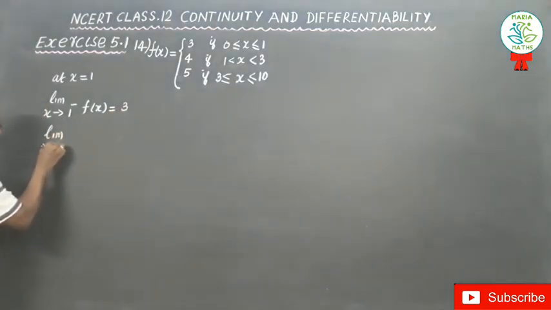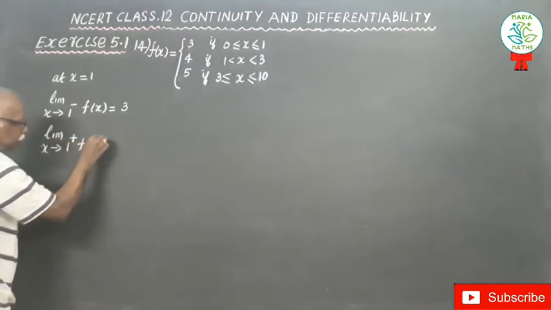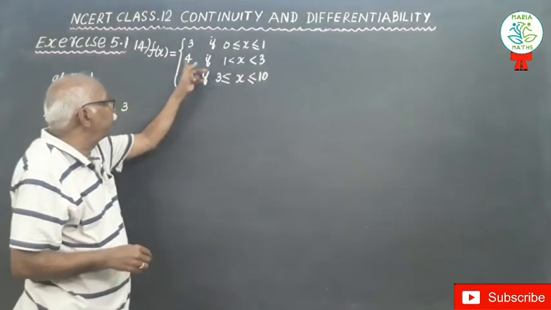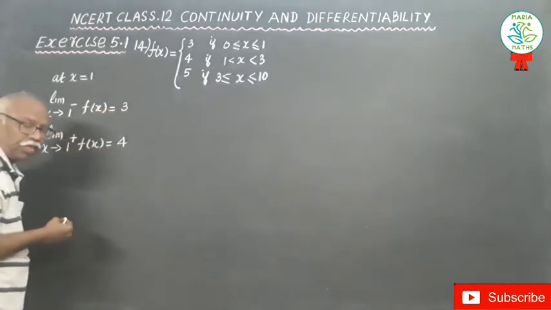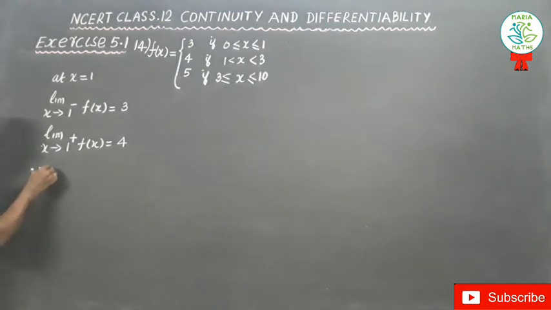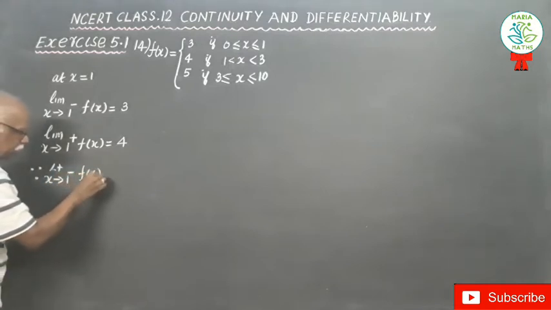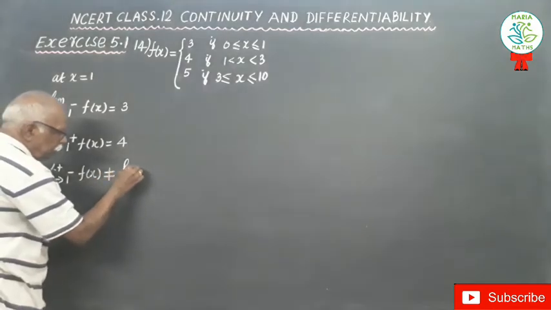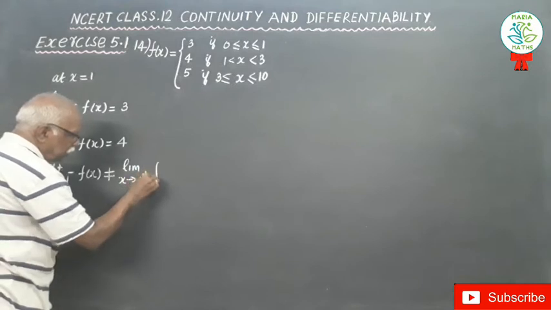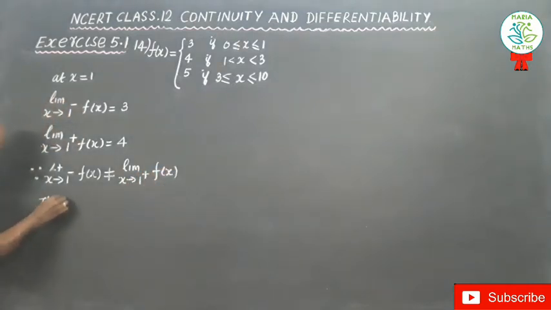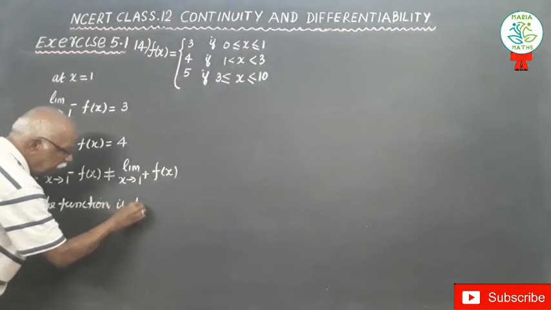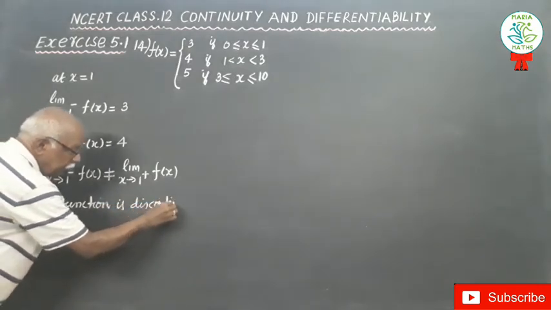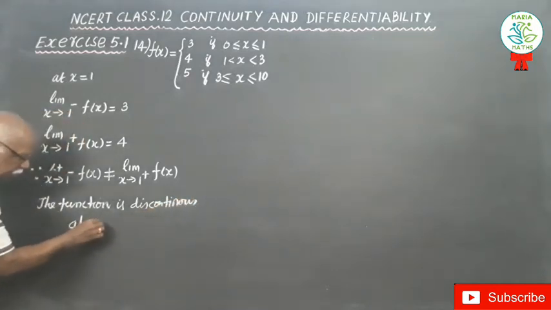Limit x tends to 1 plus f of x is 4. See, the left limit at 1 minus is 3 and the right limit at 1 plus is 4, and since both are not equal, since limit x tends to 1 minus f of x is not equal to limit x tends to 1 plus f of x, therefore the function is discontinuous at x is equal to 1.